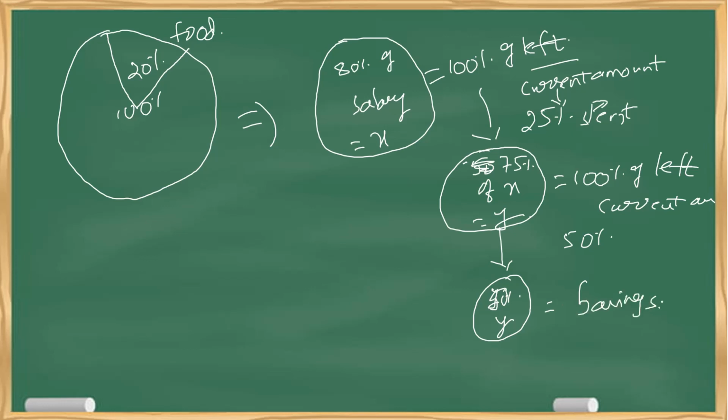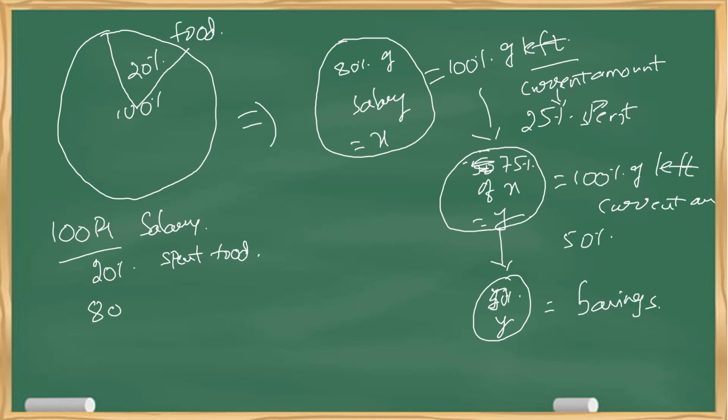Okay. A few people might be having a confusion such that this is really confusing. Okay, fine, no issues. Assume your salary is 100 rupees. Initially, how much are you spending? 20% spent on food.